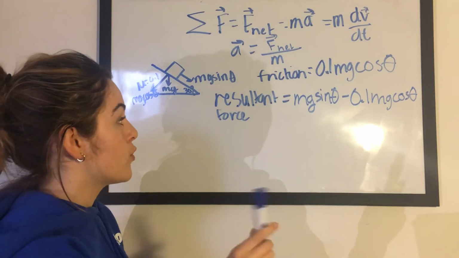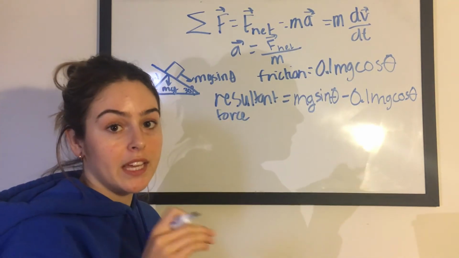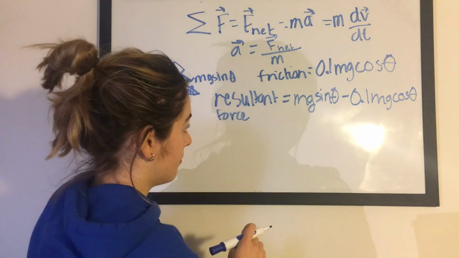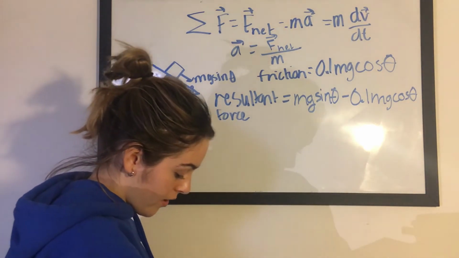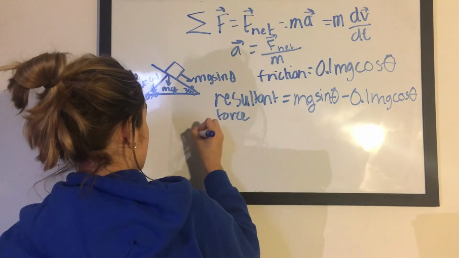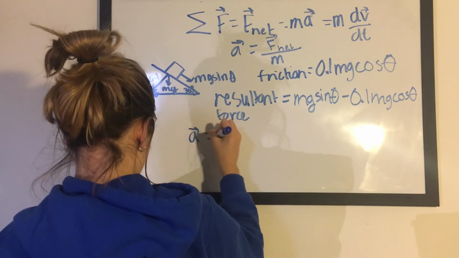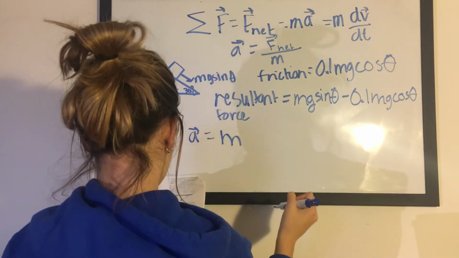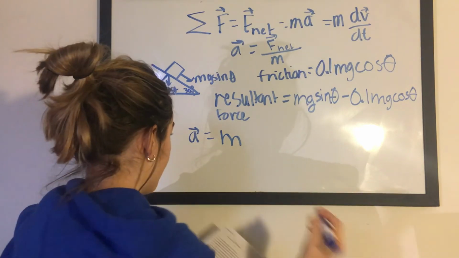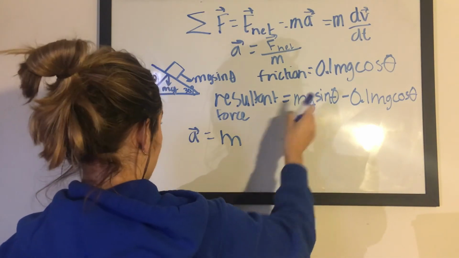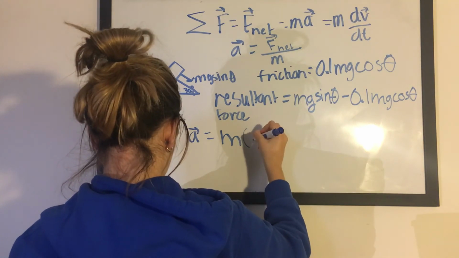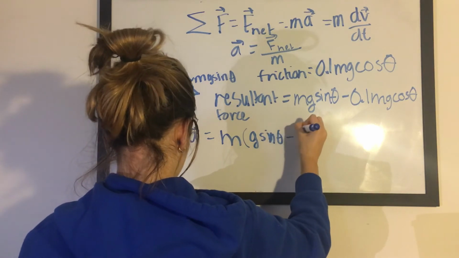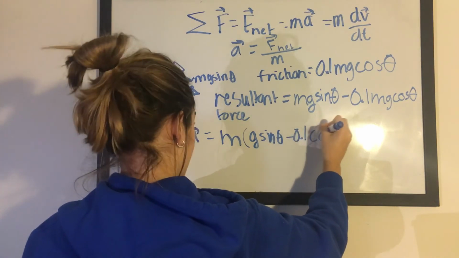Essentially, we've got to subtract the friction that is slowing down the skier from skiing down the hill. So we know that acceleration is equal to the resultant force, or the net force, divided by the mass. So we can just plug that into our equation, which is g sine theta minus 0.1 cosine theta.